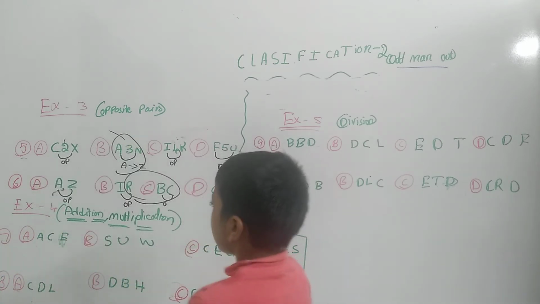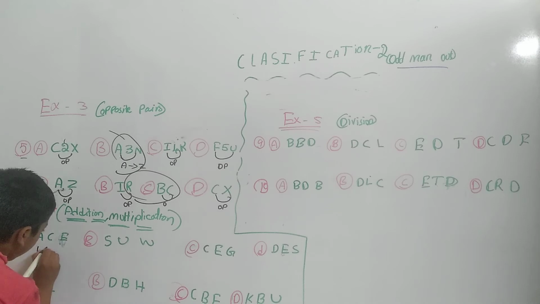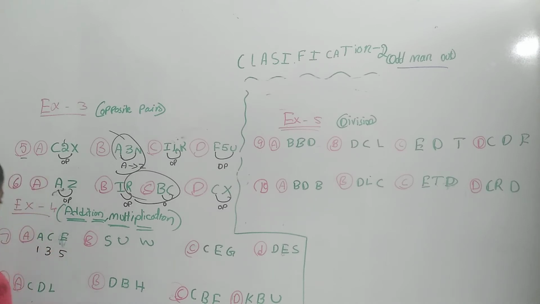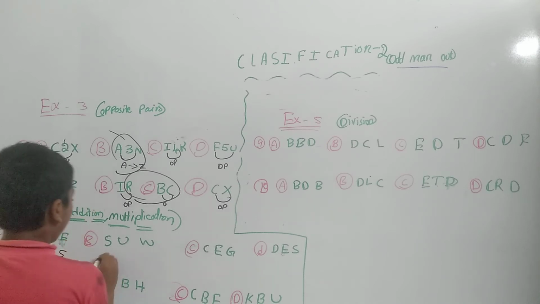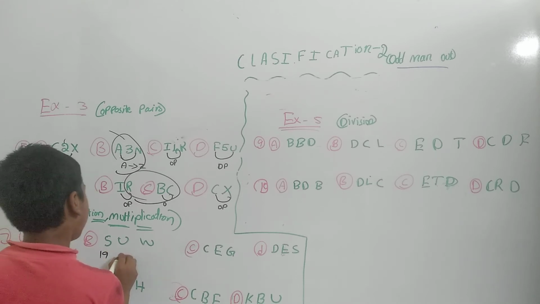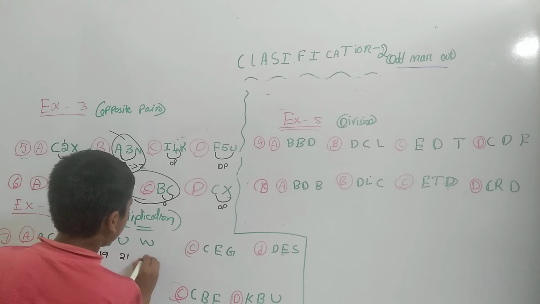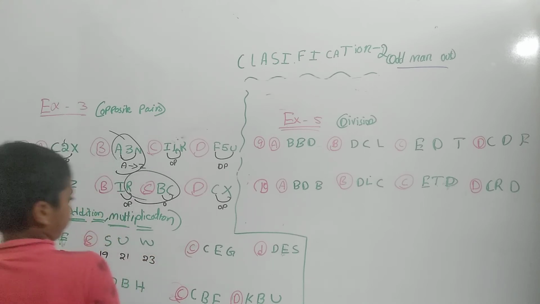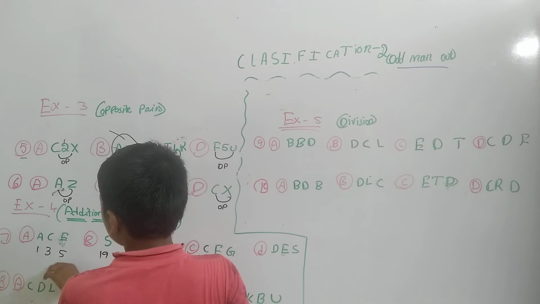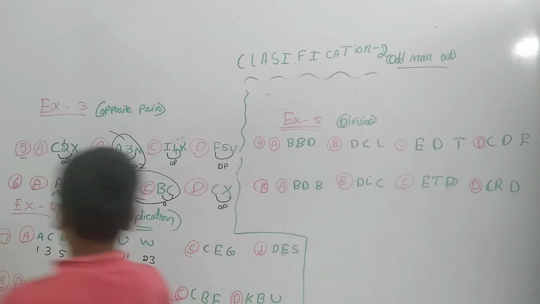Okay, and addition, multiplication: 1, 3, 5, and here 19, 21, 23, 13. See 1, 3, 5.